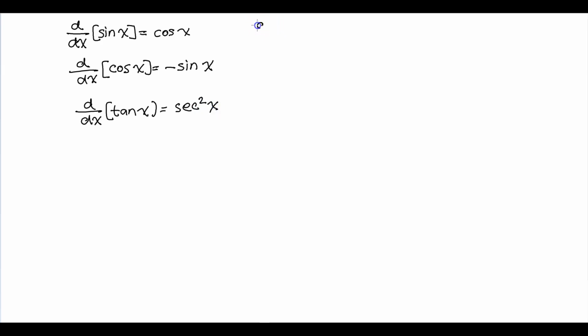The derivative of cosecant of x is negative cosecant of x times cotangent of x. Again, you can use the quotient rule to verify this.